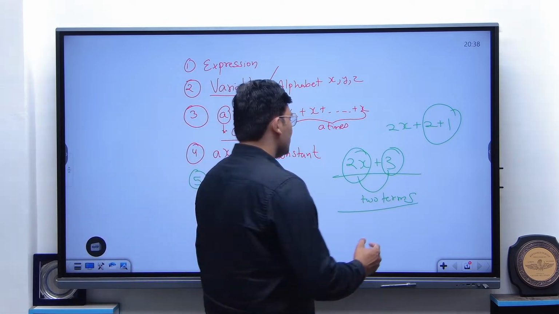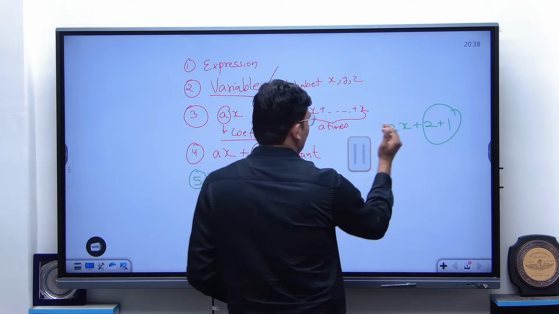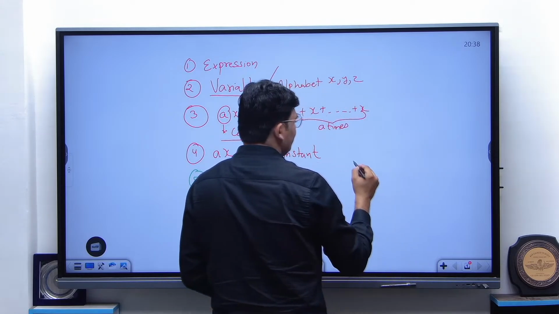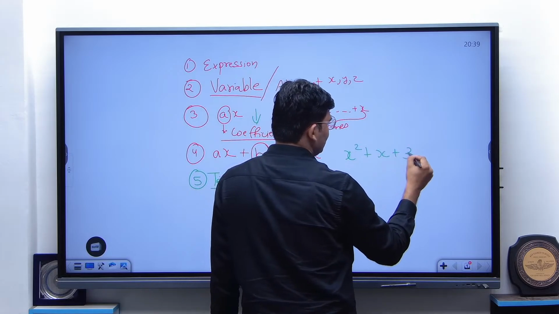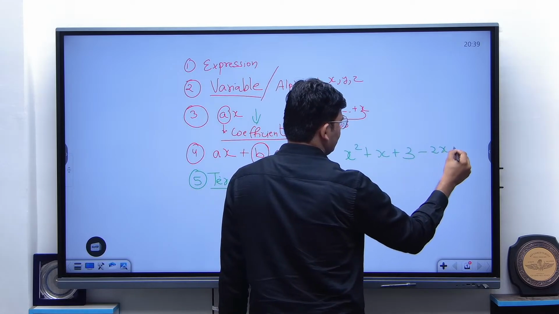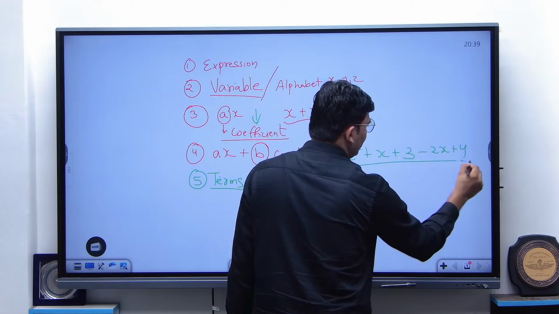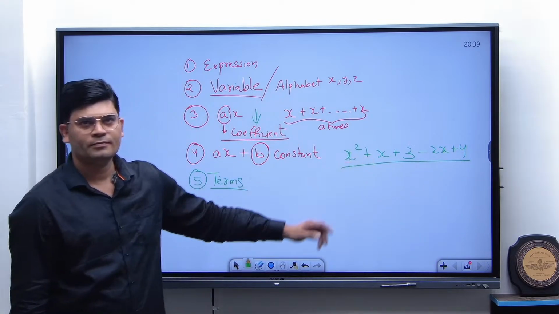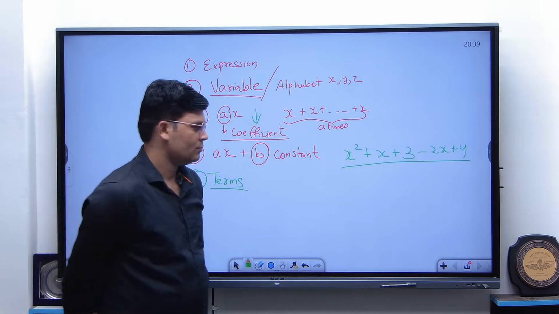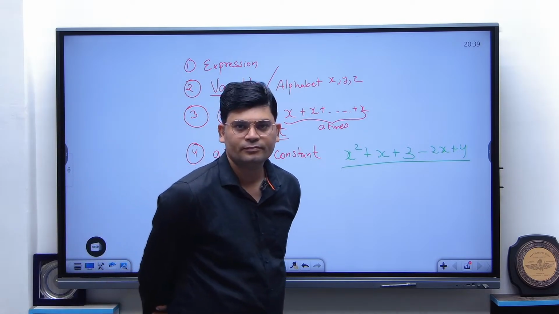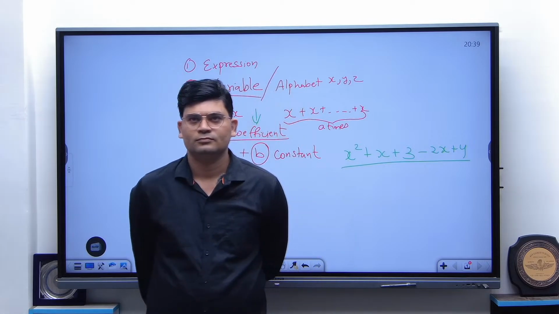With this, I am going to ask you a question now. You have to tell me the number of terms in the following expression: x square plus x plus 3 minus 2x plus 4. Can you tell me how many terms are there in this expression? 5.